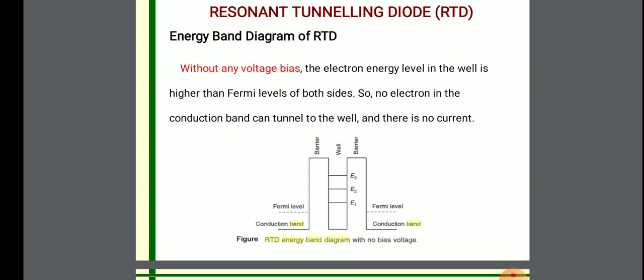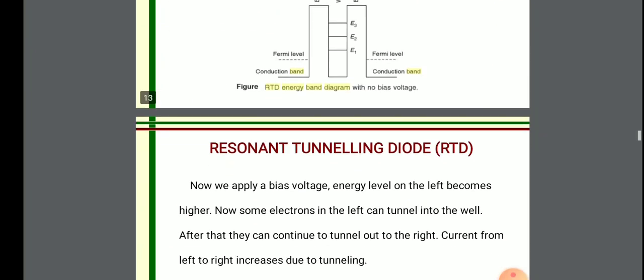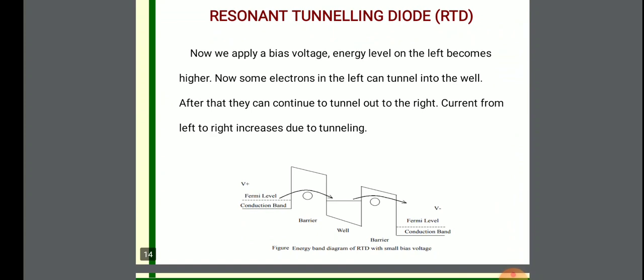That means there is no current. If a bias voltage is applied, the energy level on the left increases, that is, becomes higher. Now some of the electrons on the left can tunnel to the well.